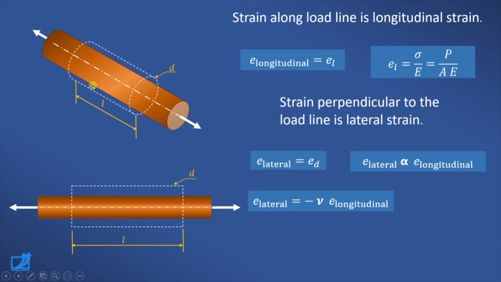Opposite in the sense that when the dimension along the line of force increases, dimensions perpendicular to the line of force decrease. If there is an increase in dimension along the load, there is certainly a decrease in dimension perpendicular to the load.